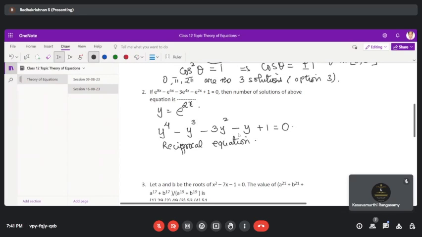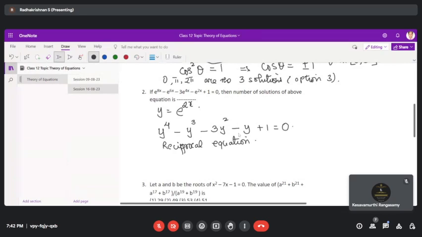Okay. So we are in problem number 2. We did the substitution e to the power of 2x equal to y. So we are getting a polynomial now of 4th degree, which is of the type reciprocal type 1, because the reciprocal means this y power 4 coefficient is equal to the constant coefficient.